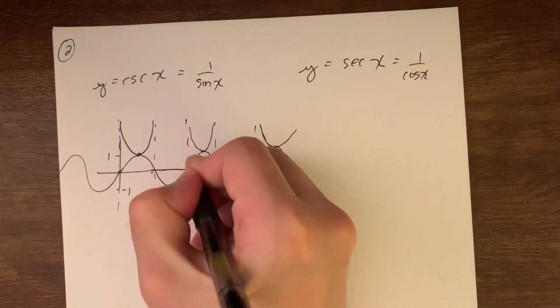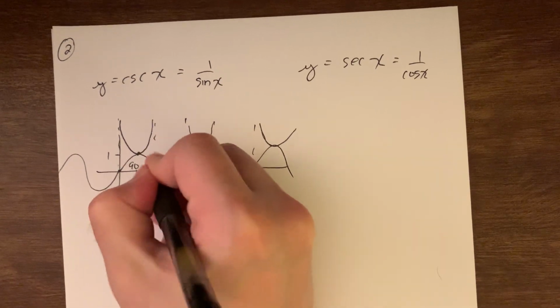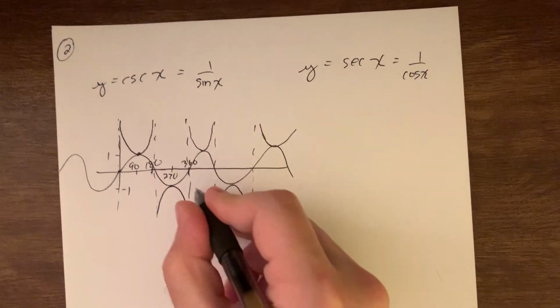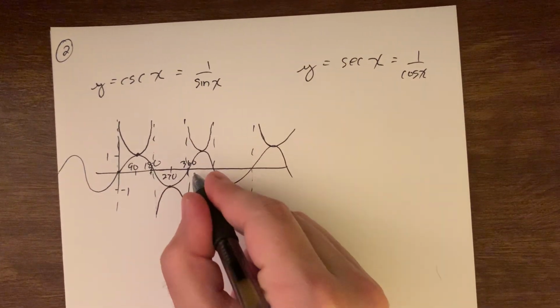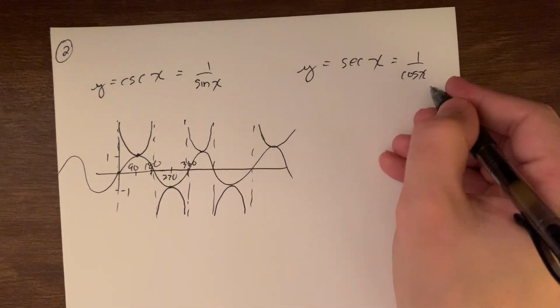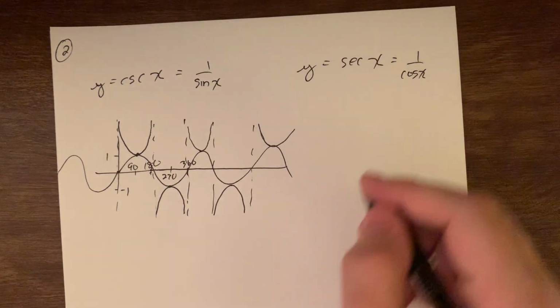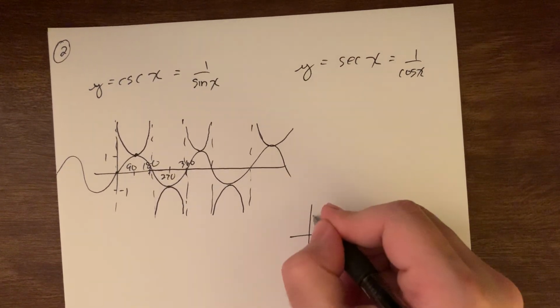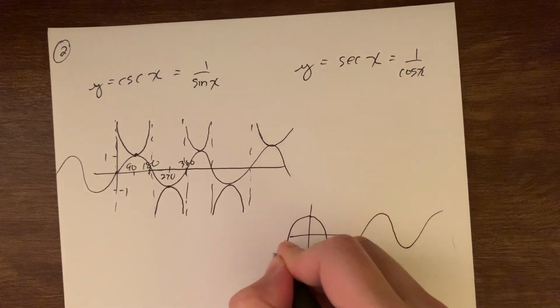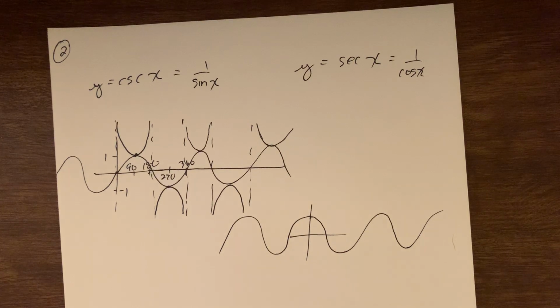If this was the plain sine graph, this was 90, 180, 270, 360, and those values are still the same important x values for the cosecant. Same idea happens with cosine and secant. Here is my original cosine graph with multiple cycles.